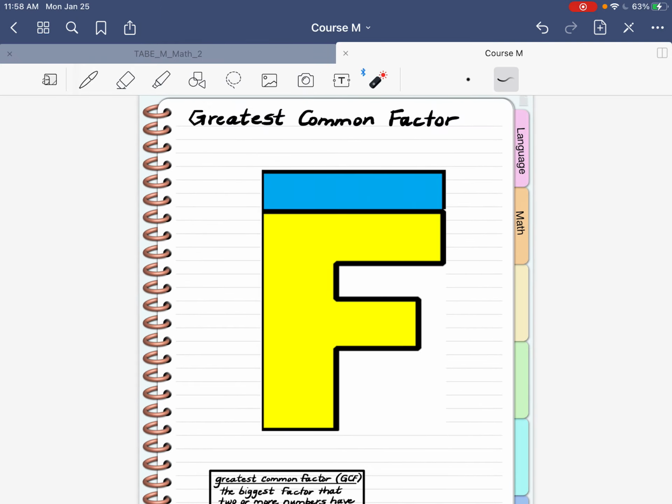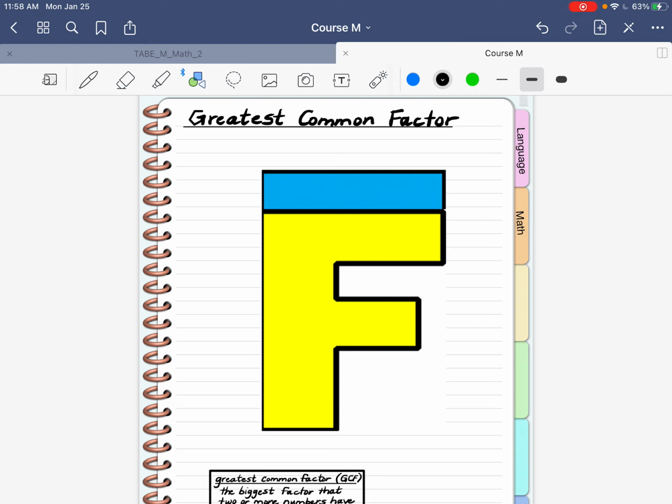You're going to put your glue on the back of the blue part, so turn that blue part over, put the glue on the back, and stick it down where you want it to be, so that the yellow F lifts up and lays down. You can raise that up. Now I'm trying to get a mental image into your mind so that when you see factor, you think of this F and what we're going to write under there.